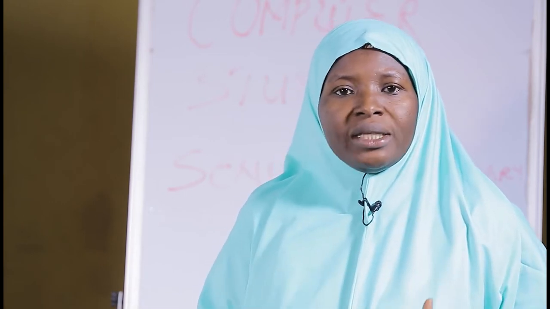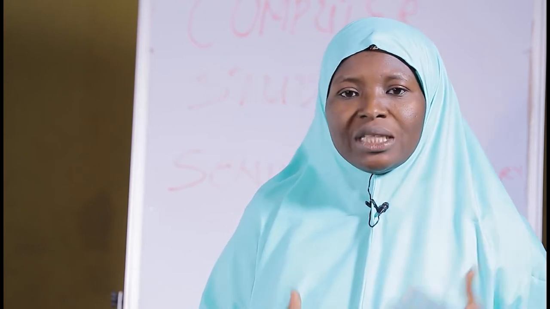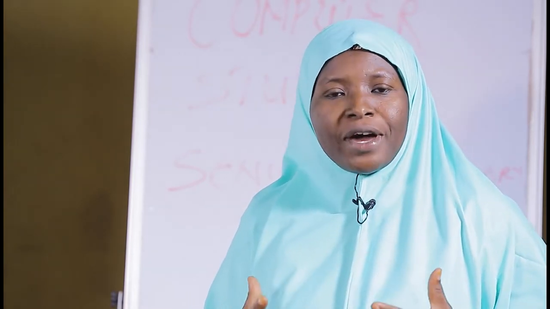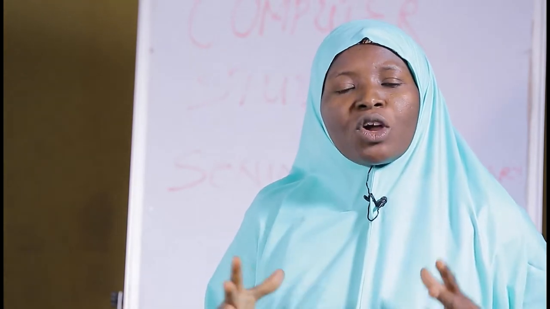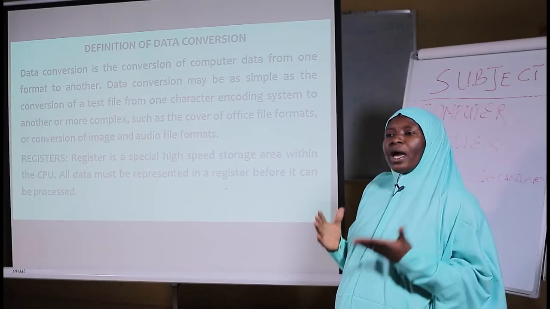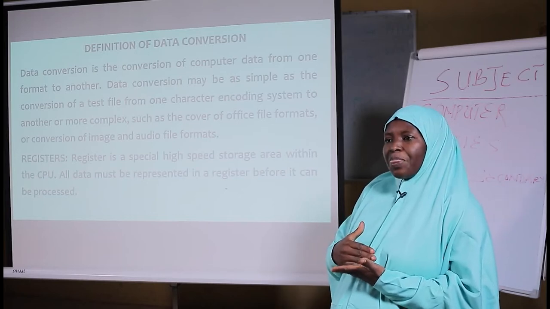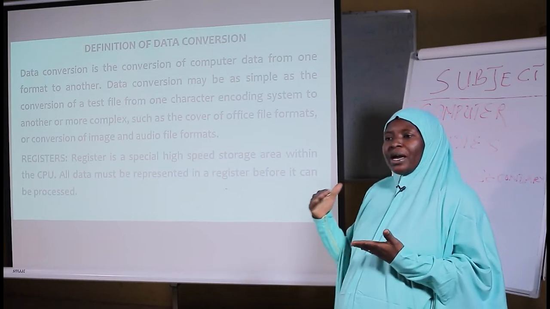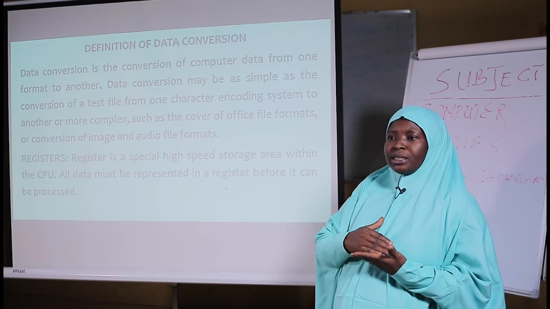A file is a collection of records of students. I gave an example, if you followed the previous lesson, we discussed files. When we have a collection of records, that's what gives us a file. Using the school academic database, we have records of data of students.